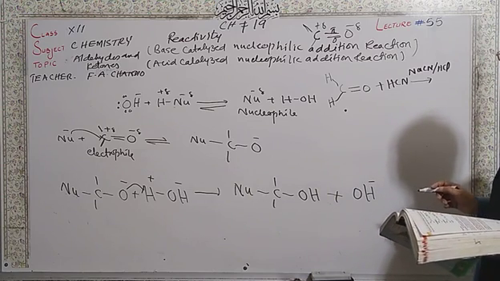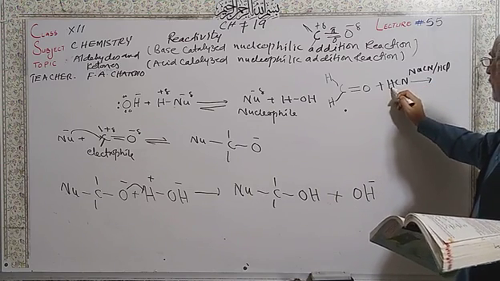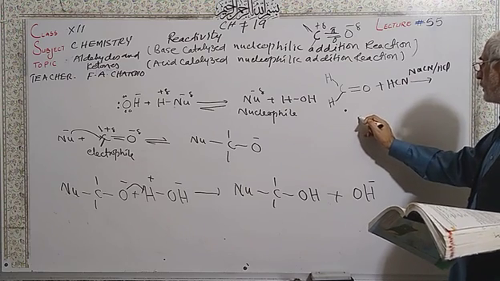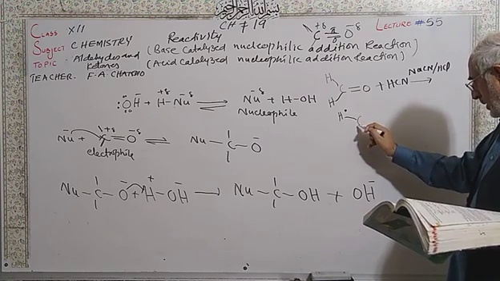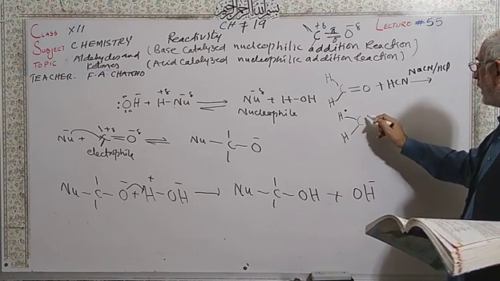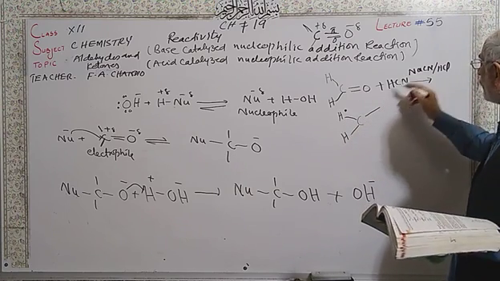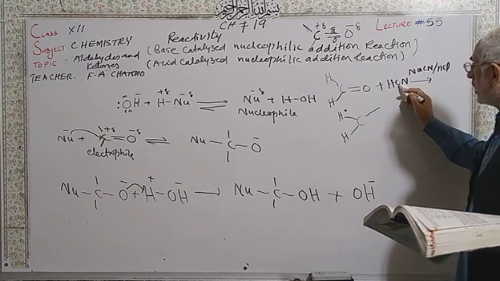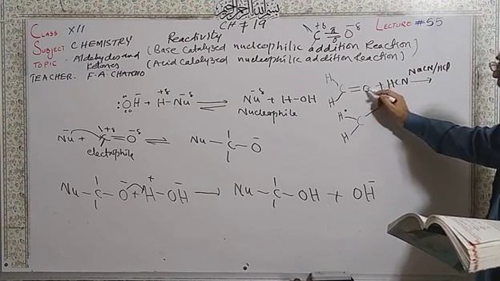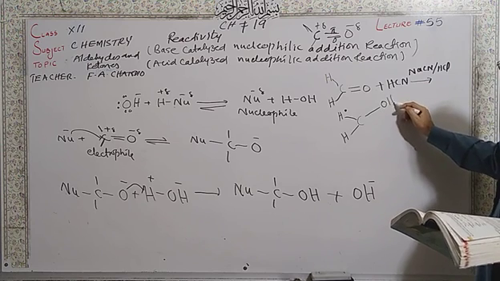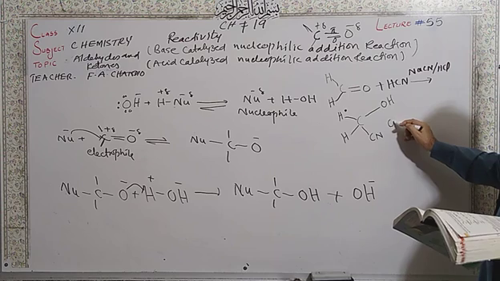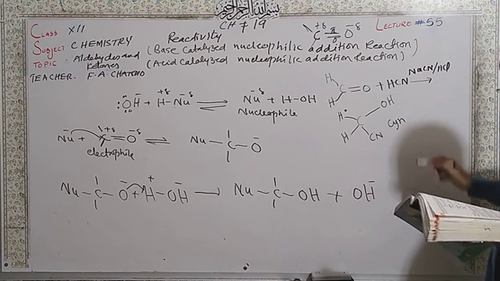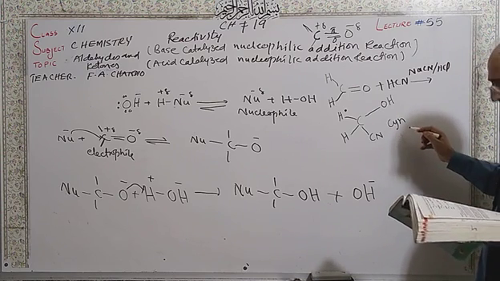So what happens? This hydrogen will combine with oxygen to make OH, the double bond is removed, and cyanide is added. So this is called cyanohydrin.